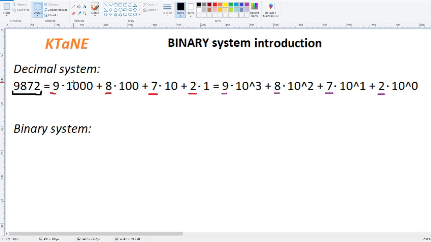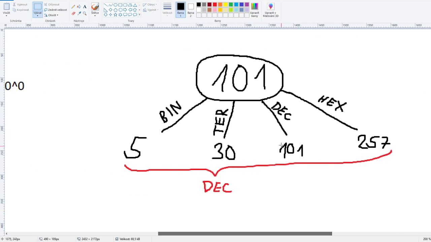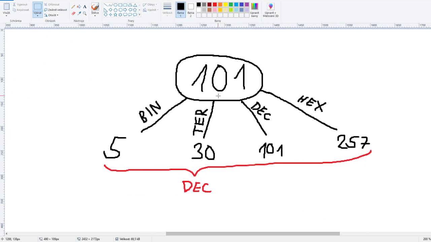Now, in this video, I would like to show you how to convert a decimal number into binary and binary into decimal. Both ways, because that's what you need in KTaNE, and this can help you a bit. So, if you just write a number, for example 101, this doesn't always have to be 101, since that would be the decimal representation of the number only if it is in decimal.